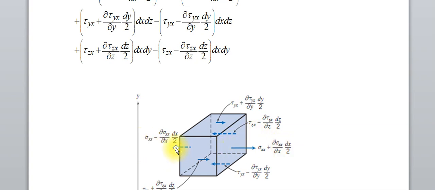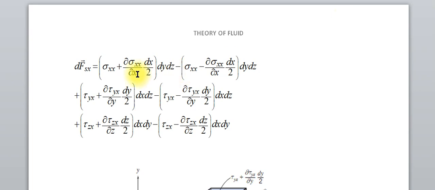So it is the outward normal, so we take this minus this. Because the outward normal is opposite to the direction of the fluid, it will become minus. So this minus this will give the net stresses on the x plane in the x direction.